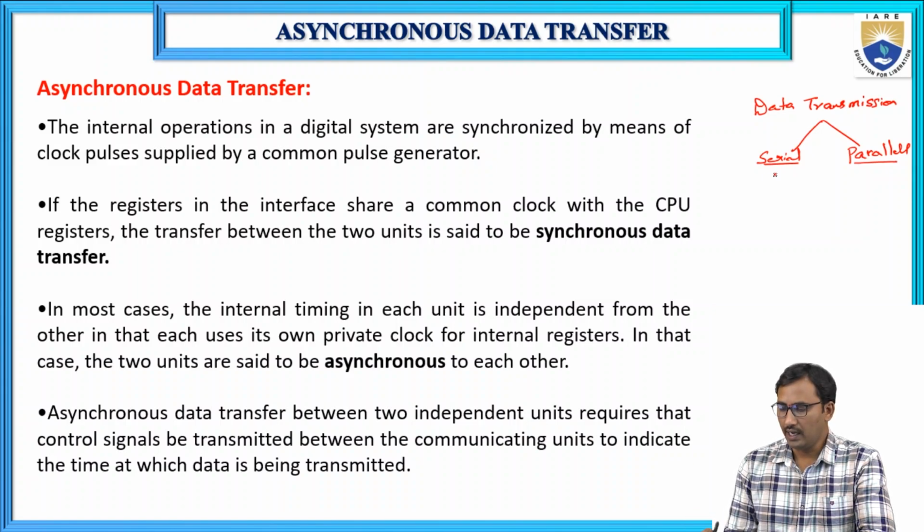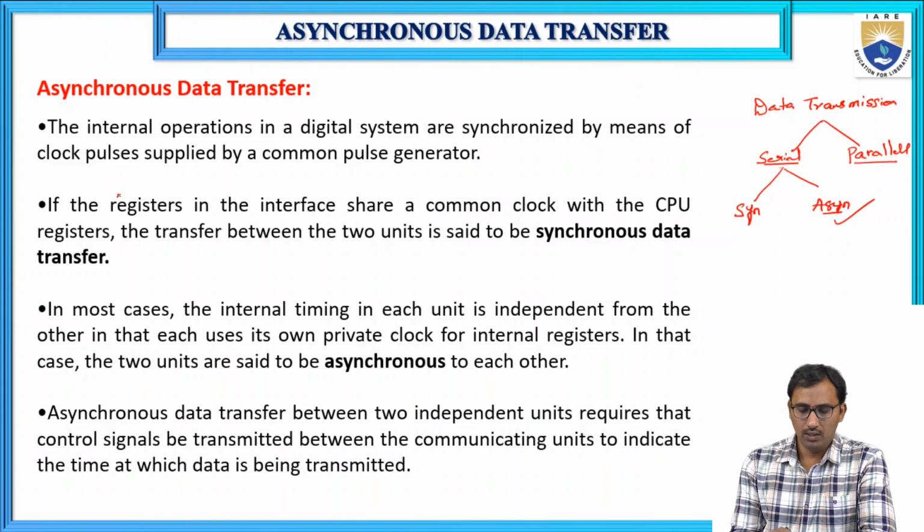Again, the serial data transmission is classified into two types. First one is synchronous data transmission, and another one is asynchronous data transmission. We are discussing asynchronous data transmission. The internal operations in a digital system are synchronized by means of clock pulses supplied by a common pulse generator.